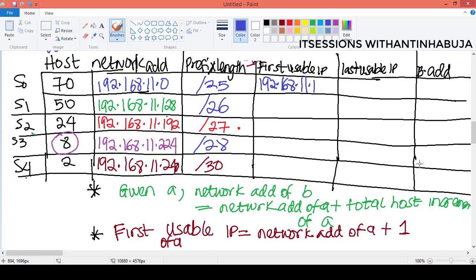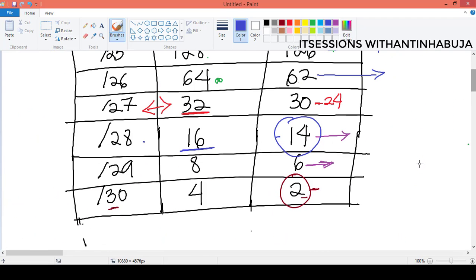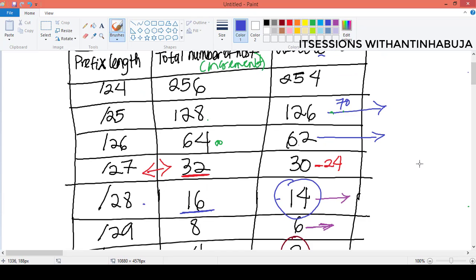Now, for our last usable IP address, what we do is we add our usable host increment for that prefix length. Let's say for this now it's /25. We check what our usable host increment is. Remember, I said usable host increment, and then we add it to our network address. So from our subnetting table, /25: what is our usable host increment?